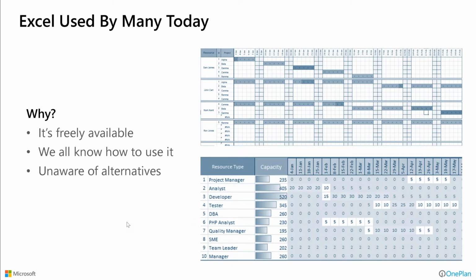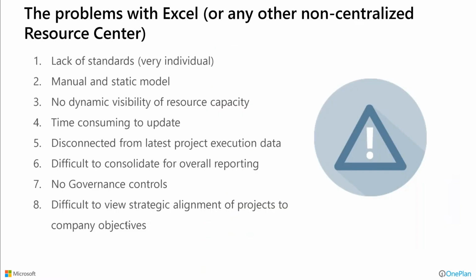And it's a good starting point. However, if you're trying to get to an enterprise level and you're trying to get to strategic portfolio management, you're going to need a solution that overcomes the challenges with Excel. So either Excel or any other non-centralized resource center is going to have these challenges.